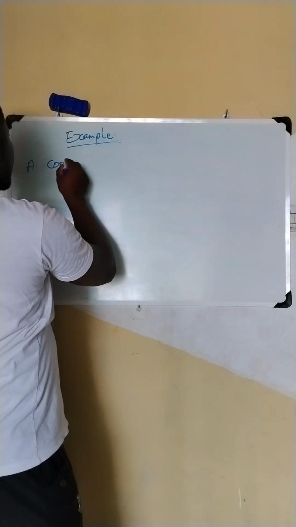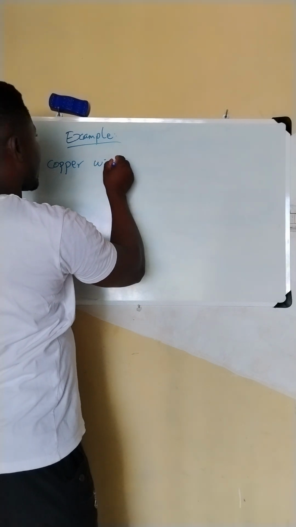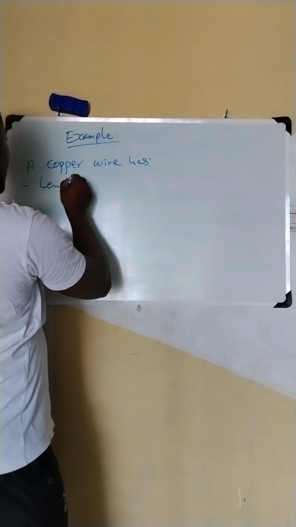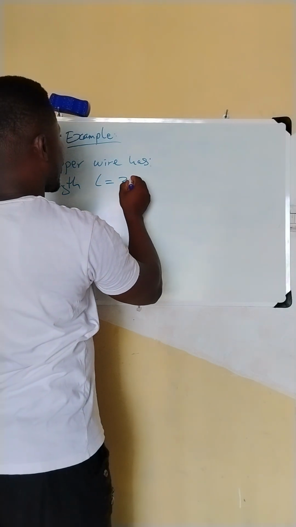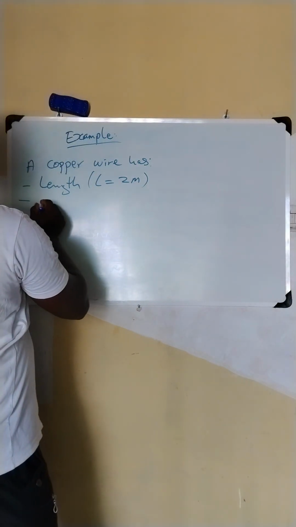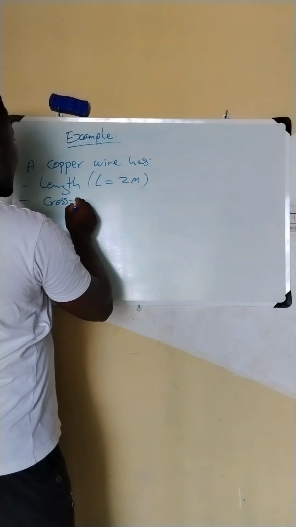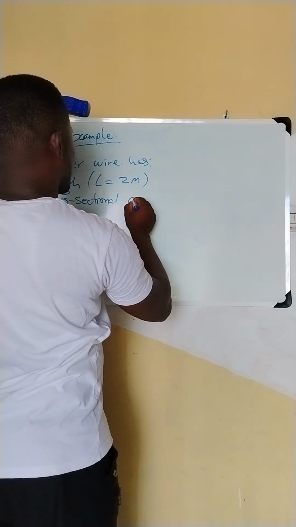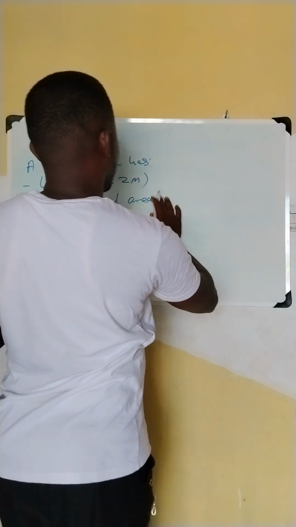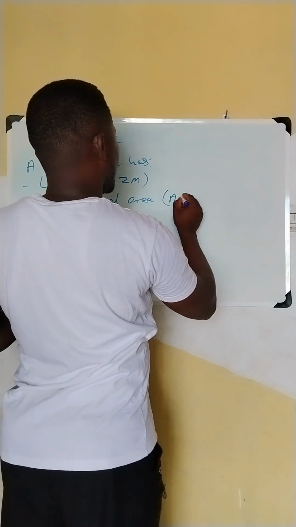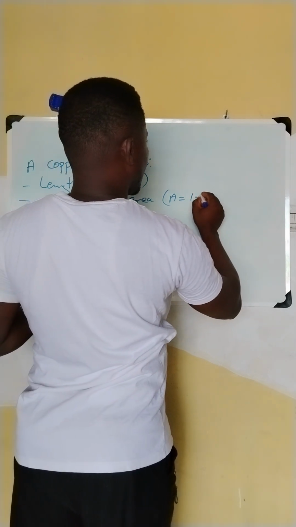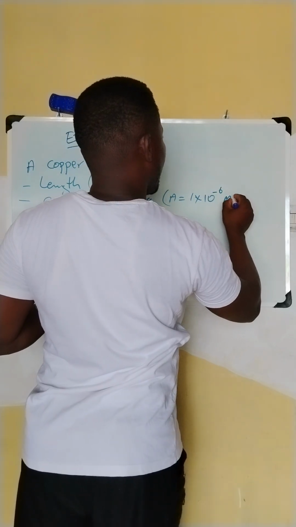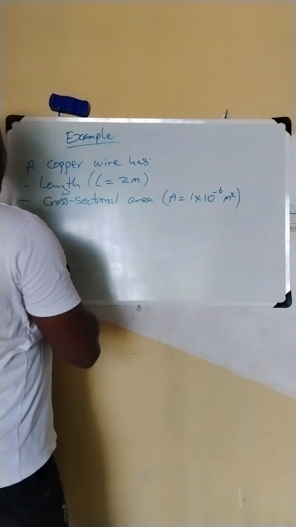A copper wire has length L equal to 2 meters, cross-sectional area, in bracket A, equal to 1 times 10 raised to the power of -6 meter square. Note that area is measured in square meter.